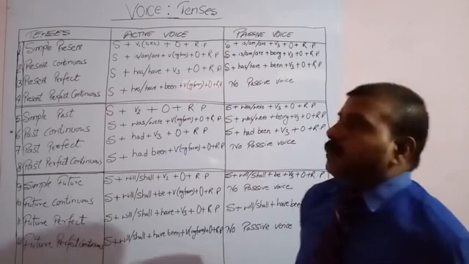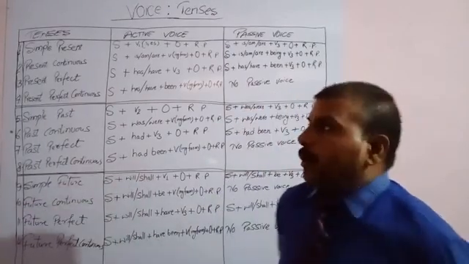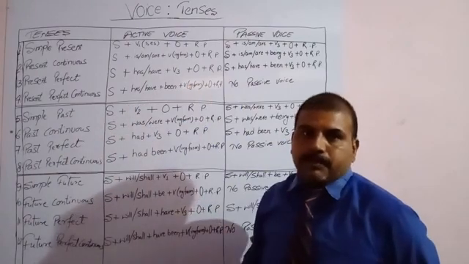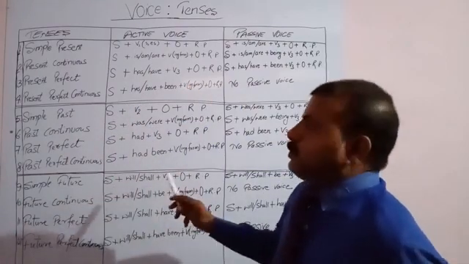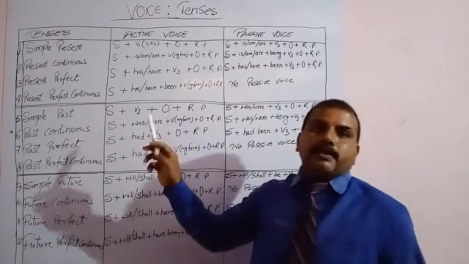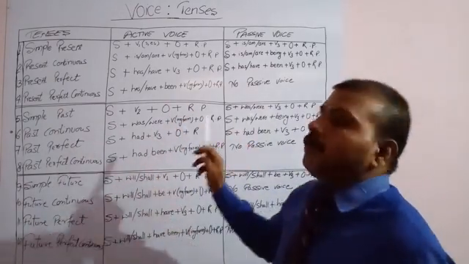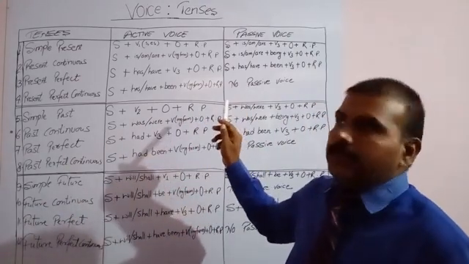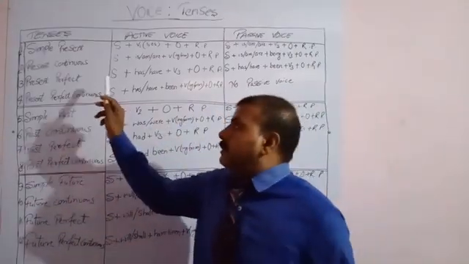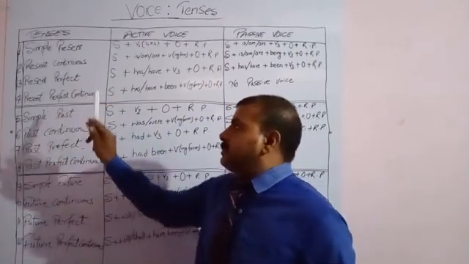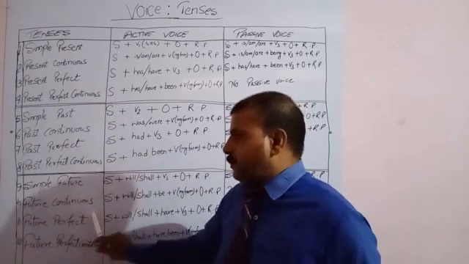You were taught earlier about the tenses of voice in my previous video. So today we will clarify those tenses in active voice and passive voice, and what the structure is for active voice and passive voice in the relevant tenses, that is present tense, past tense, future tense.